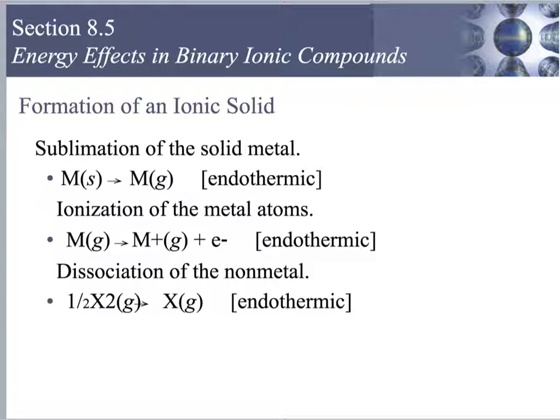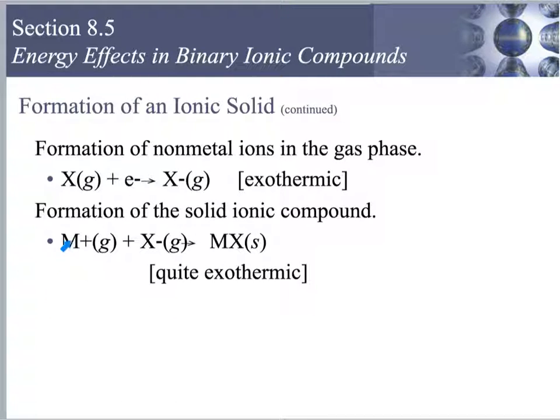And then for the nonmetal, assuming that in this case it's a diatomic gas, the diatomic gas has to first form individual atoms. And then in the next step, we have those atoms gaining electrons. So that's going to be an exothermic reaction.